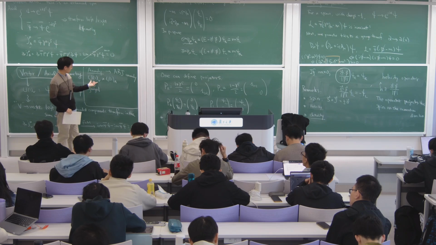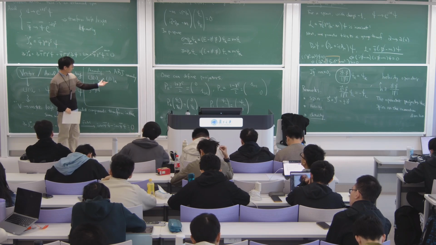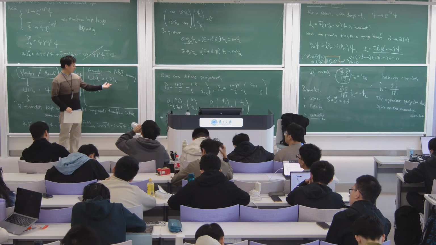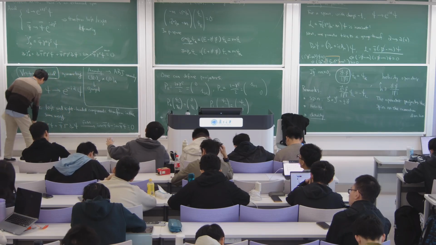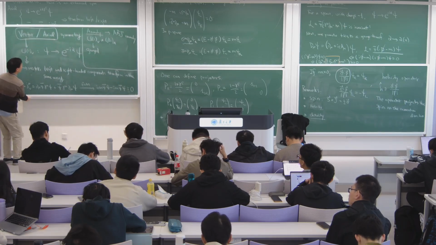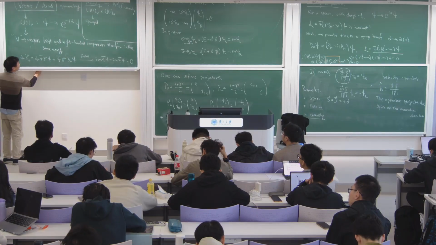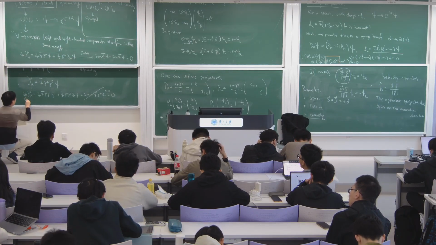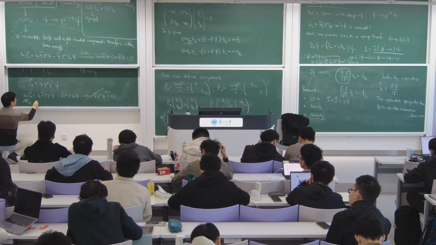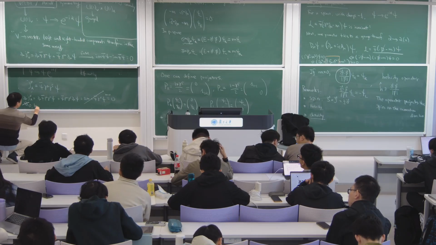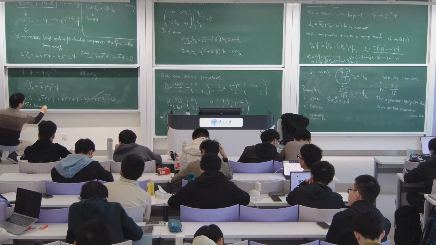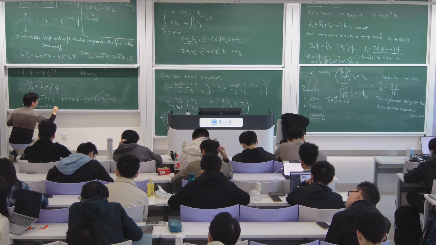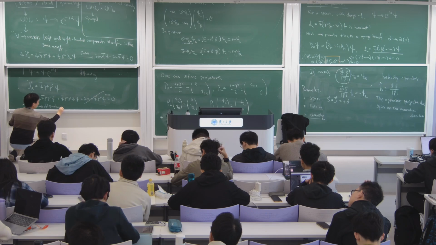In the real world we gauge this U(1)_V, and indeed, if you compute the quantum corrections, you realize that ∂_μ J^μ_A is not zero anymore, because of quantum effects. At this moment, we only discussed the classical level.